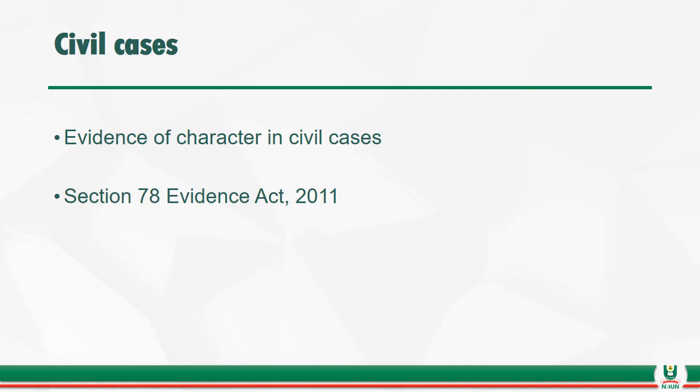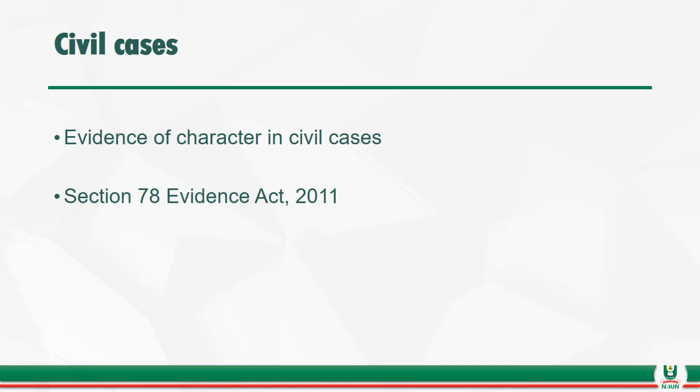The only exception is that if it is relevant to the fact in issue, that is only when it can be admitted in evidence. So character of a party is generally not relevant in civil cases, except where it is relevant. It may be relevant where, for example, in a libel suit, the defendant pleads justification.